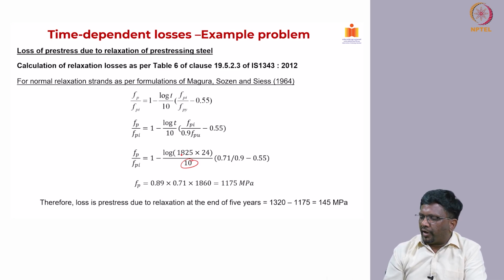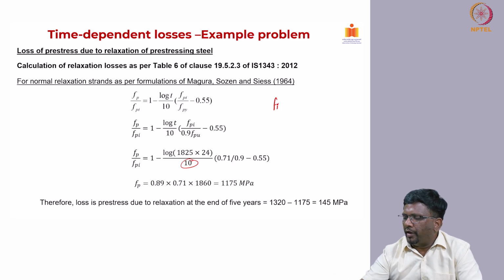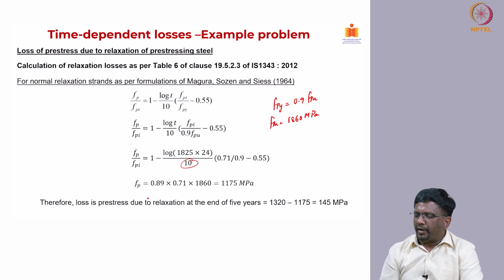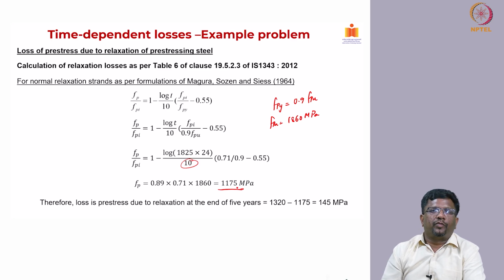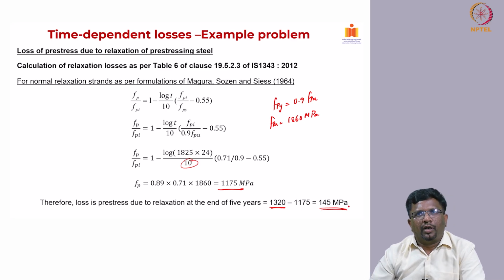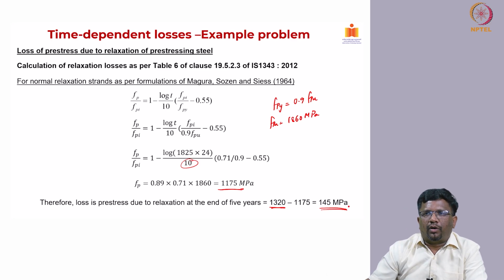Usually we take FPY to be 0.9 FPU, and FPU is equal to 1860 megapascal, so you can plug in these values and you get the stress as 1175 megapascal. So you see, 1320 was the initial stress, and it has become 1175.